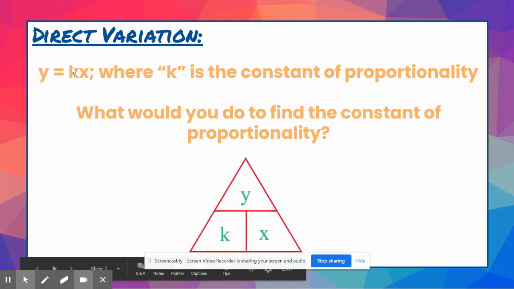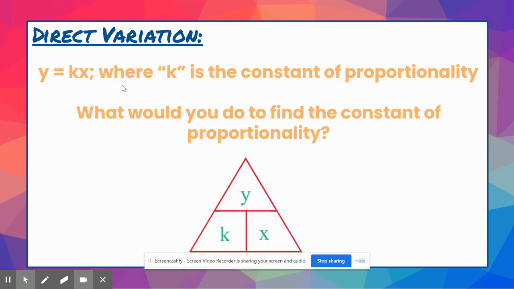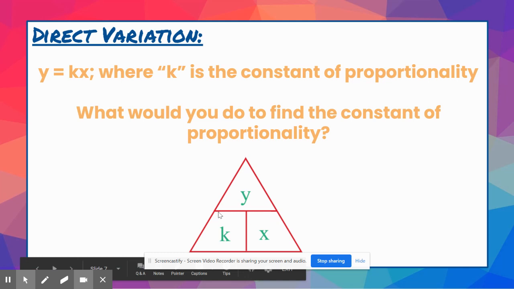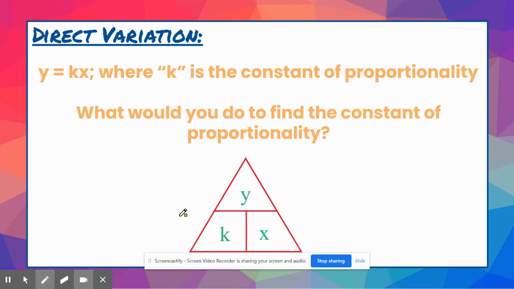All right, again, our direct variation formula is y equals kx, where k is the constant of proportionality. What would you do to find the constant of proportionality? So you can use this triangle here to see how to find k. The formula to find k is basically you would take the slope formula, so I'm going to write this up here.